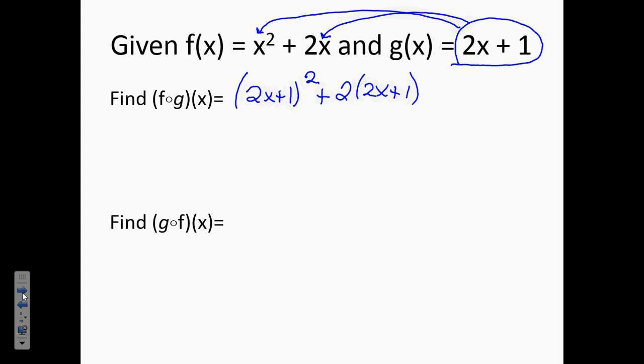Now don't take the Algebra 2 way of doing this and say this is 4x squared plus 1, because what would we be missing? 2x plus 1 quantity squared means take 2x plus 1 times 2x plus 1, right? So don't take the shortcut and tell me it's 4x squared plus 1, because we're missing another 4x.